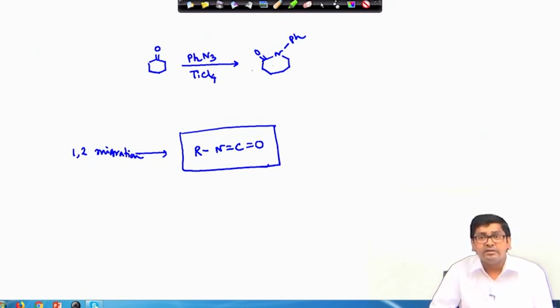In case of Hofmann, the leaving group is bromide, okay, but it also passes through this isocyanate intermediate. Okay. And in case of Hofmann, the starting material is the amide, and after one carbon degradation, you get the desired product, that is the amine compound.